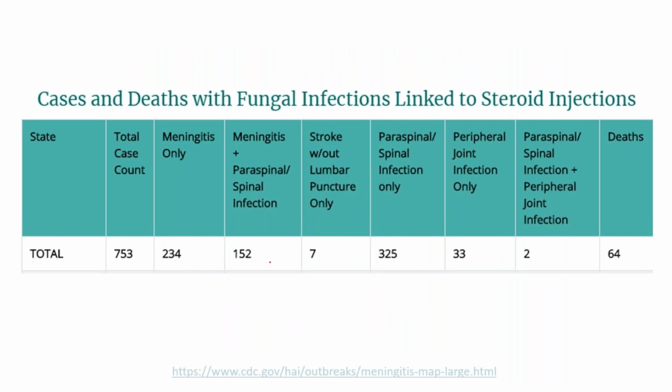Meningitis, 234. A paraspinal infection with meningitis, because meningitis alone was not enough, 152. Stroke without lumbar puncture, 7. Paraspinal infection, 325. Peripheral joint infections, 33. A paraspinal infection and a peripheral joint infection, 2.